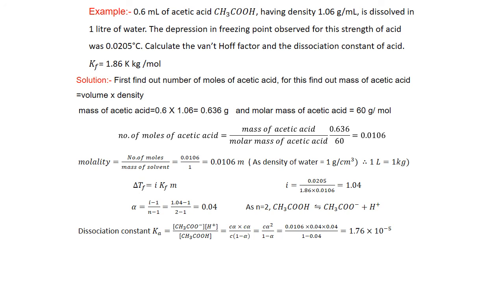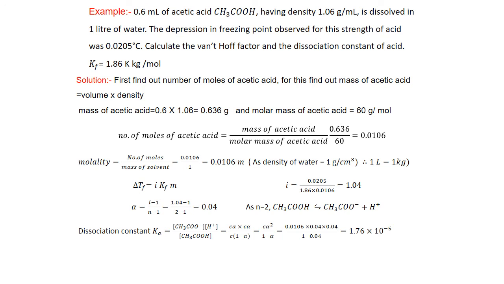And molality will be number of moles divided by mass of the solvent. Mass of solvent is 1 kg and number of moles is 0.0106. So molality is calculated. Now we know that delta Tf is equal to Kf m into i.